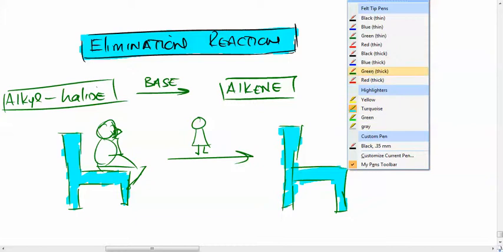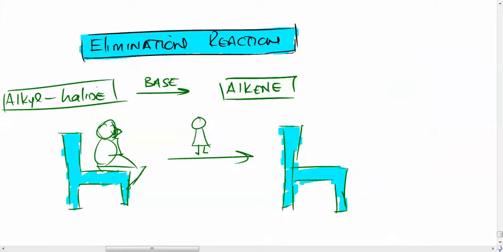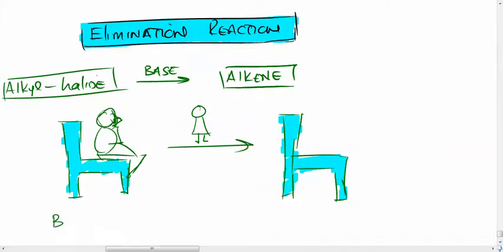In this picture, we have a boy in a chair, and this is his mom. If the mom screams at the boy, then the boy will leave, and then we would just have the chair.